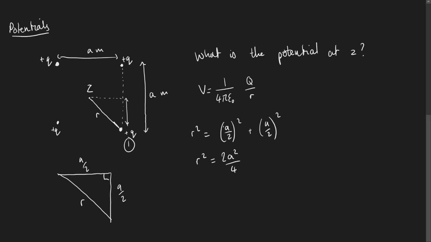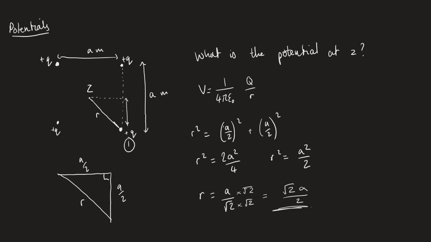I get a cancellation here, so r squared is actually a squared over 2, and then I can square root, and say that r is therefore a over the square root of 2. I can keep it like this, but we usually rationalize it, so I times the top and bottom by root 2, just because it's much neater that way, and so I get root 2 a over 2. This is the distance that I feel would probably be best to use in this case.